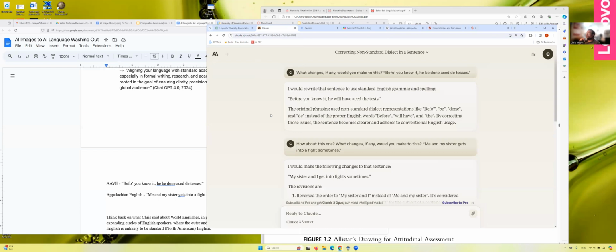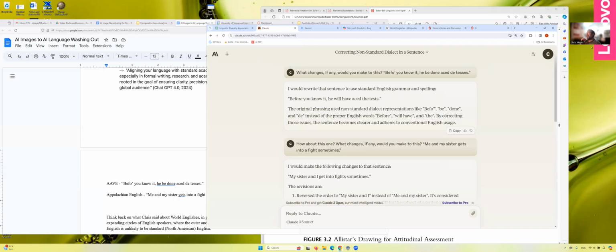Claude, same question, exactly the same question. It says, I would rewrite that into standard English grammar and spelling. And it gives commentary saying the original phrasing uses non-standard dialect representations, without naming AAVE, instead of the proper English words. And by correcting those issues, it becomes clearer.